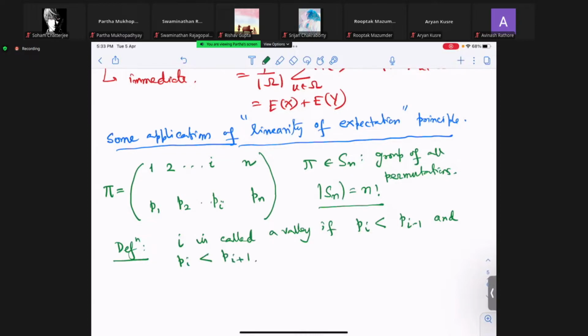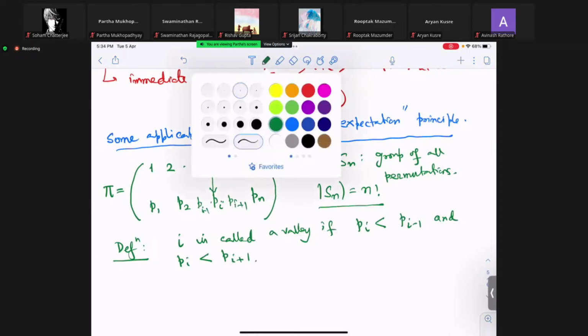So this is the pi, and this is pi minus 1, this is pi plus 1. If it happens to be the case that pi is smaller than pi minus 1 and pi plus 1, you simply call that number i a valley. Definition of valley is clear?